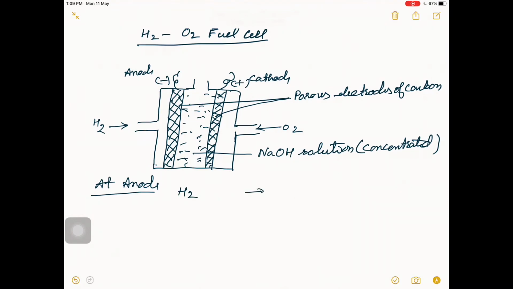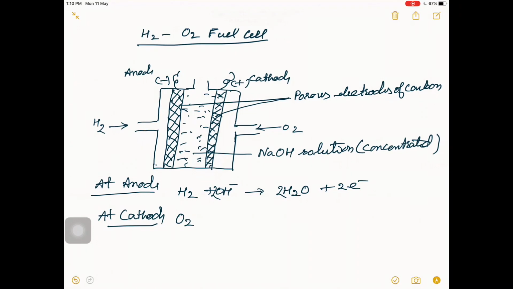So what will be the reaction at the anode? At the anode, there will be oxidation of hydrogen. Hydrogen will oxidize in the presence of hydroxyl ion from the electrolyte NaOH to give water molecules. If we balance, this will become 2 H2O and 2 OH, and 2 electrons will be released at the anode.